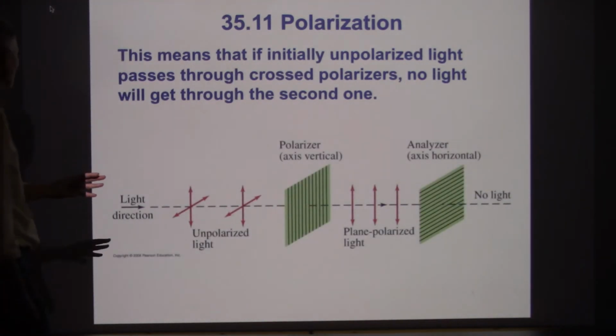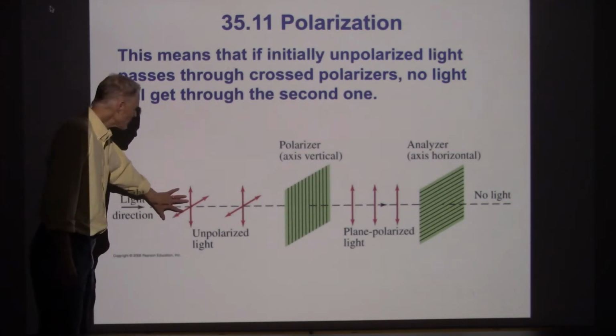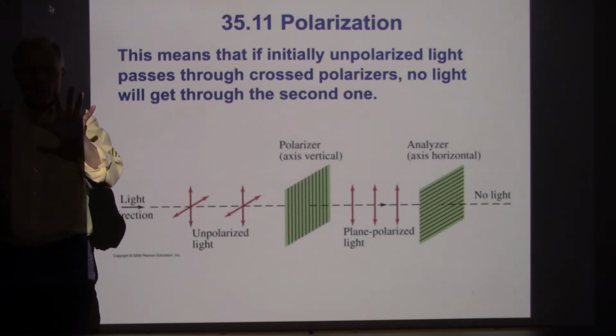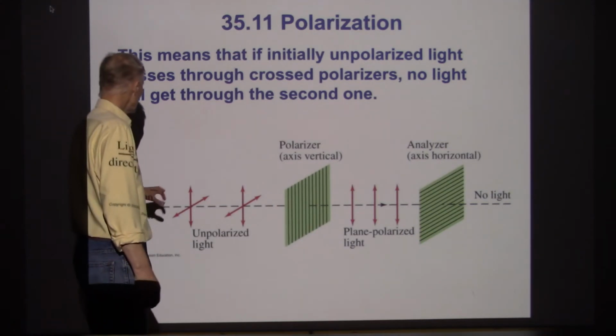This is probably a good place to start. Let's say that we start with unpolarized light. Unpolarized light means that if we sample the polarization effects within the light, it's just random. If we have a device that can measure preferences for vertical or horizontal polarization, they are equally being activated. So it's a 50-50 combination of vertical and horizontal.